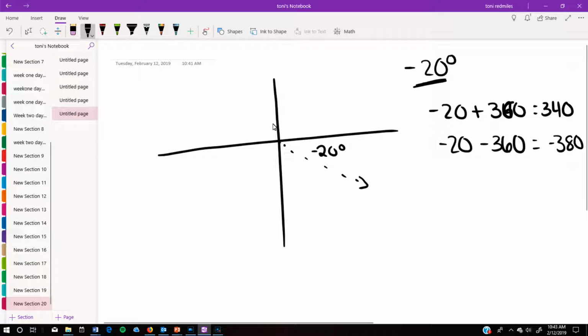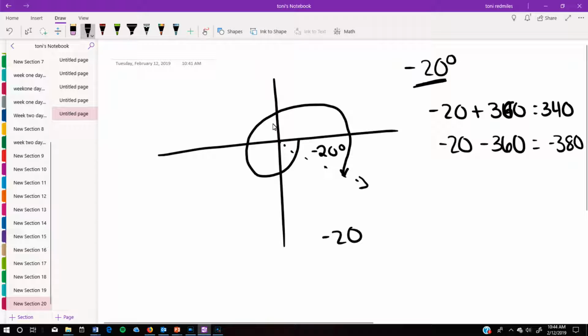Same thing. I'm going to start with initial. Well, I'm going to start with terminal this time because terminal is lower, and I'm going to go, no, I got to start with initial. Sorry. It feels so uncomfortable to go that way, but we can do it. So I start out with a negative 20.